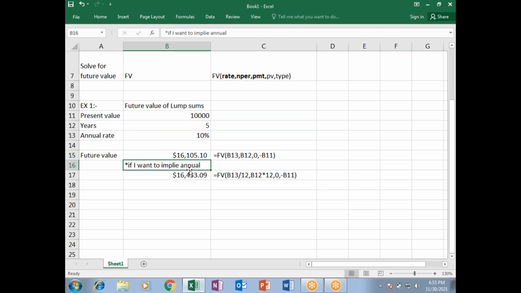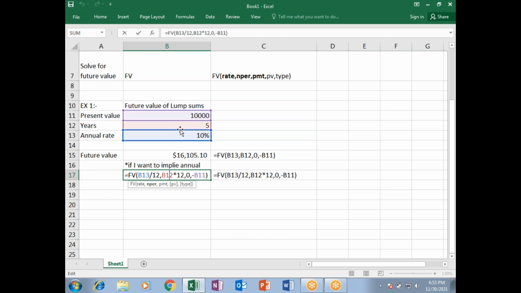One year will be considered as 12 months. So whenever I take the rate, for example 10%, this 10% is divided by 12 months, then whatever year I am considering, that will be multiplied by 5, so the 12 here. Then as usual, I'll give the present value and 0 for the payment amount. Both are the future value only, but here I am applying the annual, that is 12 months. That is what you are going to do in the second one.